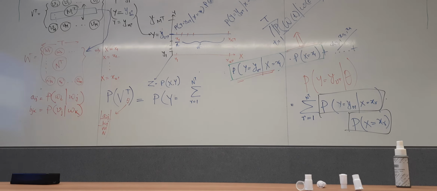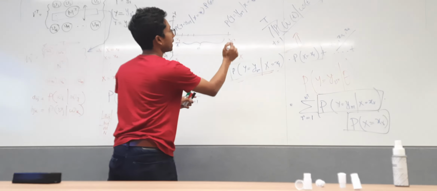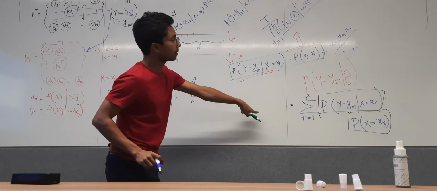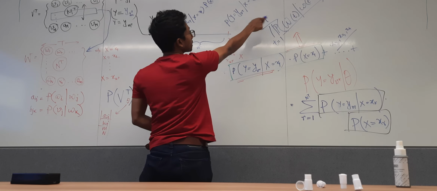And my first thing is how many transition probabilities there are. The term I have just wiped out also had a multiplication of T terms.